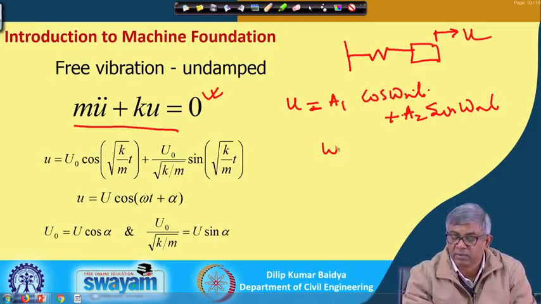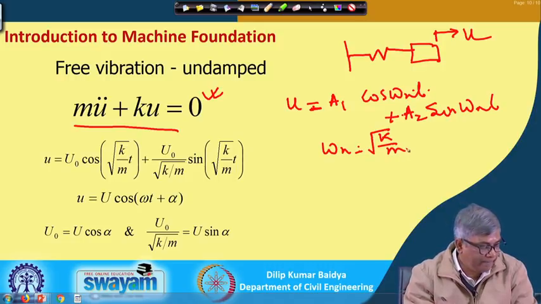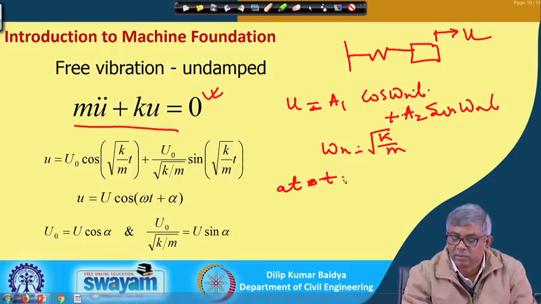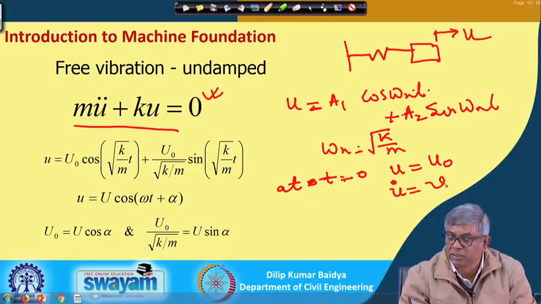Finally, we can arrive at the solution where omega n equals the square root of k by m. Finally, I can put the boundary conditions: at t equal to 0, u equal to u naught, and at t equal to 0, u dot, the velocity, equal to, suppose, v naught.